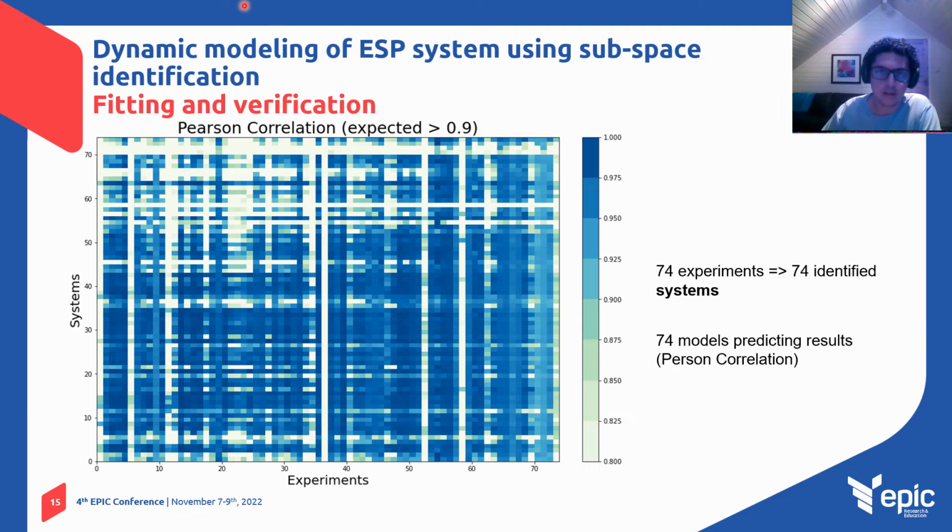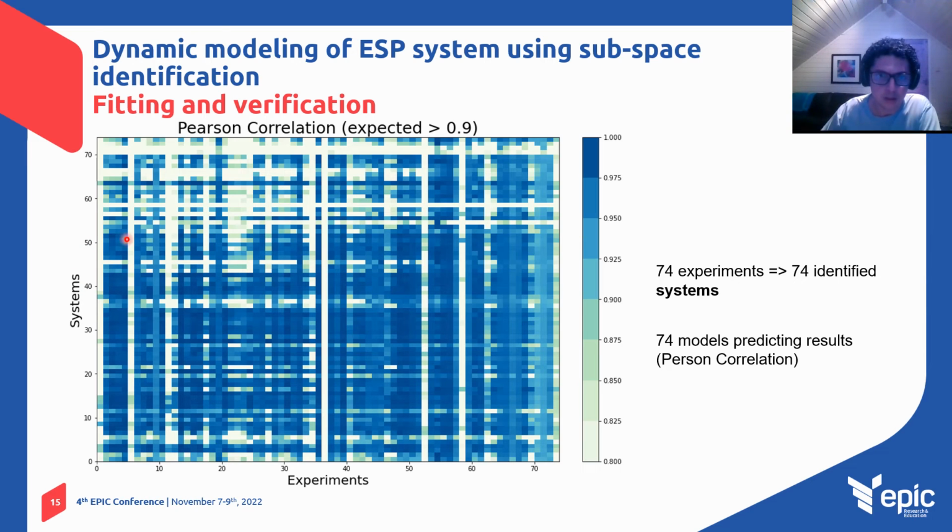For each of these identified systems, it is possible to predict their behavior when subject to the input conditions of the other experiments. For example, if we take number 50 here, it is considered the system identified with experiment 50, and the horizontal line represents the Pearson correlation of the system when subject to the operational conditions of all experiments.